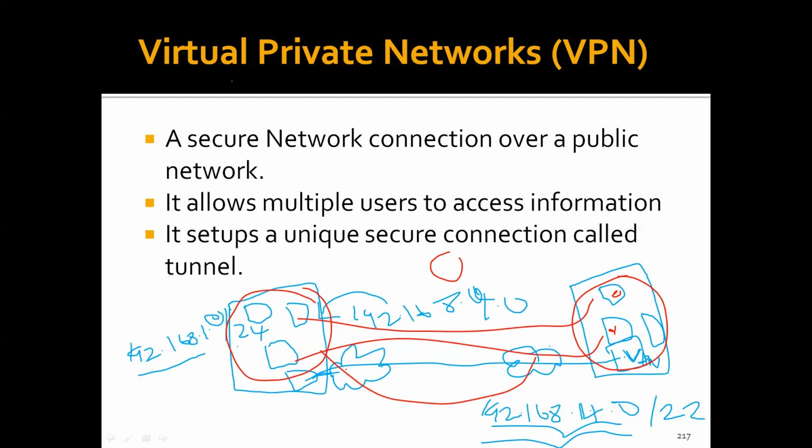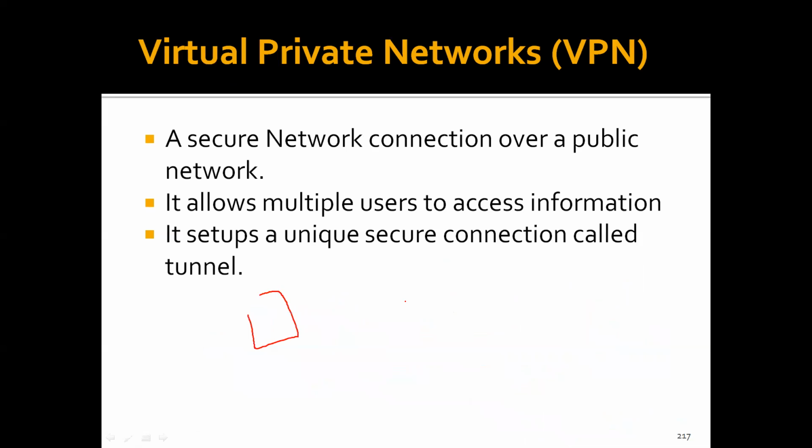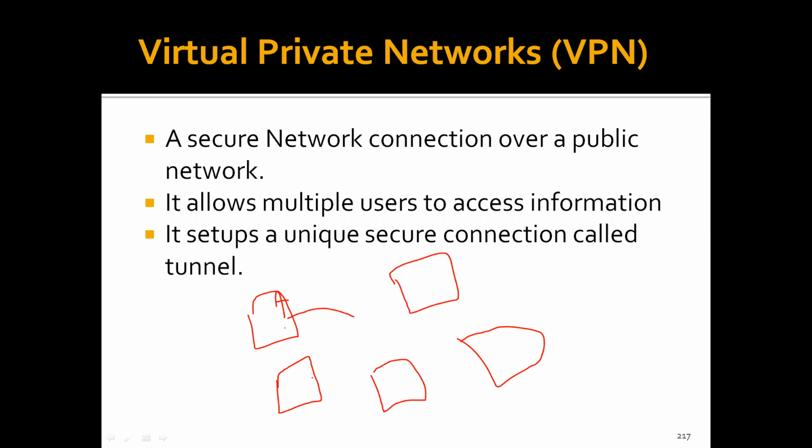After this we can use the database server. For example, a bank, right? The Ampara branch, Kalmunai branch, Matara branch, Kandy branch, and Jaffna branch are all connected to the VPN tunnel, right?